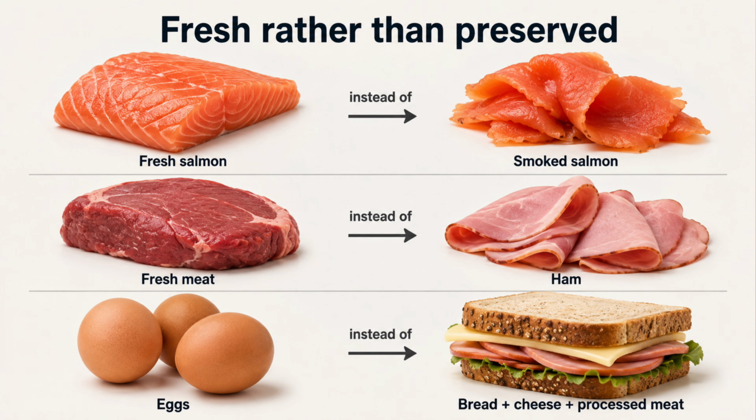So for example, a piece of fresh salmon instead of smoked salmon, fresh meat instead of ham, eggs instead of bread layered with cheese and processed meat. These foods naturally contain some sodium, so no added salt does not mean the diet contains literally no sodium. It means removing the concentrated sodium that comes from preservation, sauces, seasoning mixtures, and processed food.